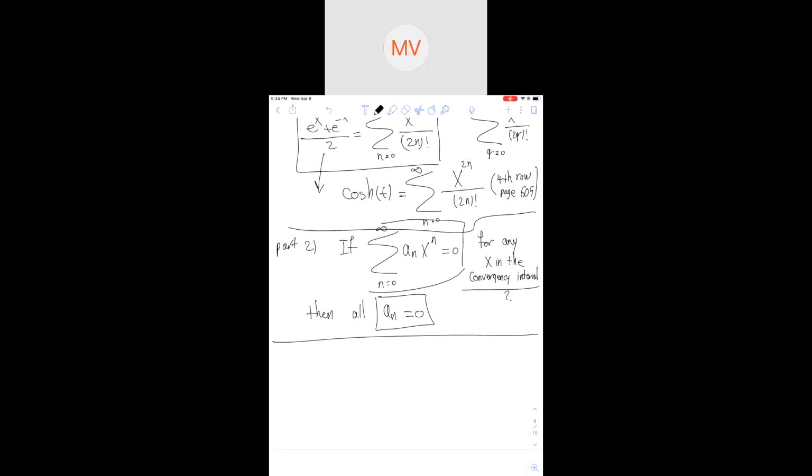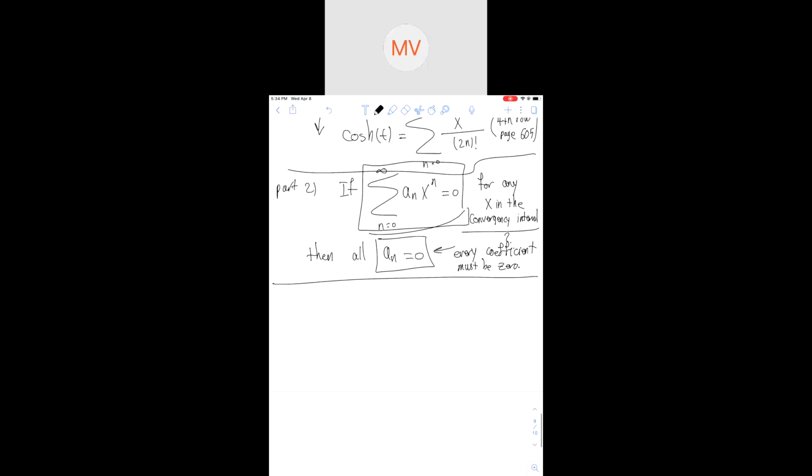So if you have a power series equals 0, every single coefficient has to be 0. So every coefficient must be 0. Okay? All right.